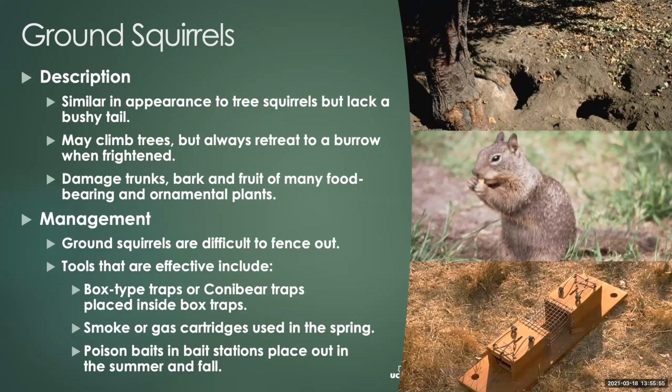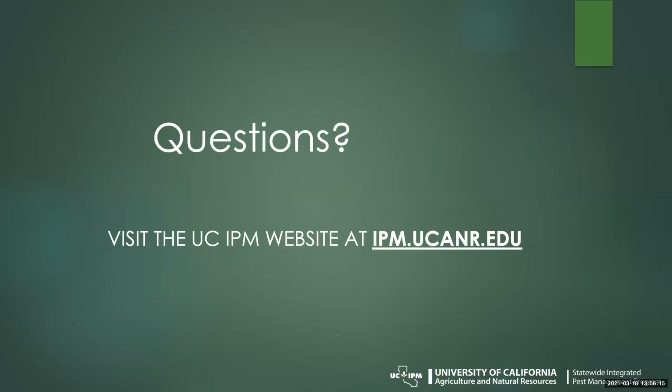So whether you have a ground squirrel problem that you need to manage, or you just have ground squirrels that are just there, that's up to each situation. But we do have lots of strategies written out for managing ground squirrels. And again, we will cover IPM for rodents and vertebrates in later webinars.